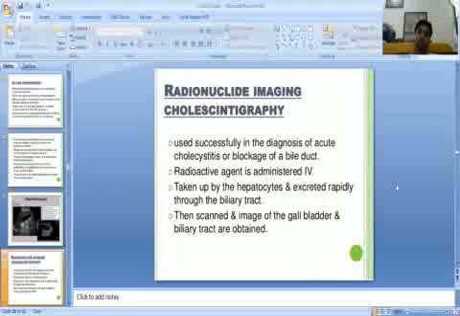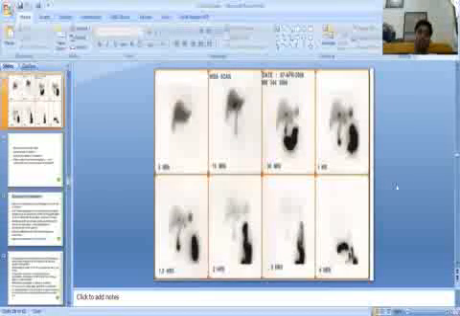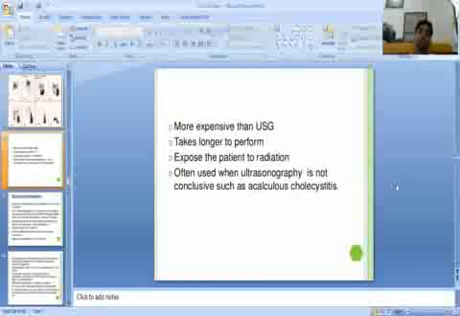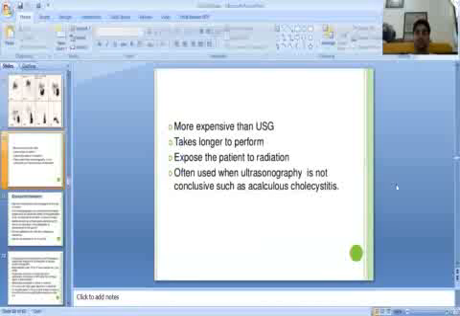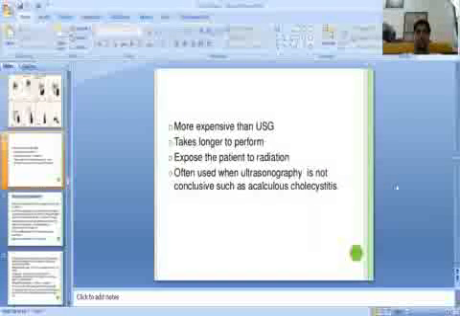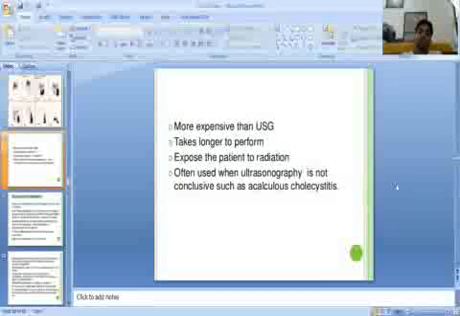Then the gallbladder and biliary tracts are scanned and images obtained. This is the HIDA scan of the gallbladder. It is more expensive than USG, takes longer to perform, and exposes the patient to radiation. It is often used when ultrasonography is not conclusive, such as acalculous cholecystitis.